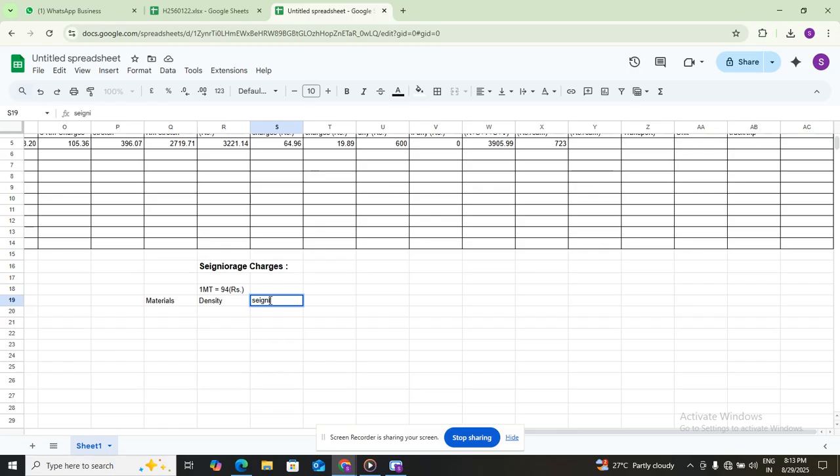Sewerage charges in rupees per metric ton, then only we can calculate into meter cube.